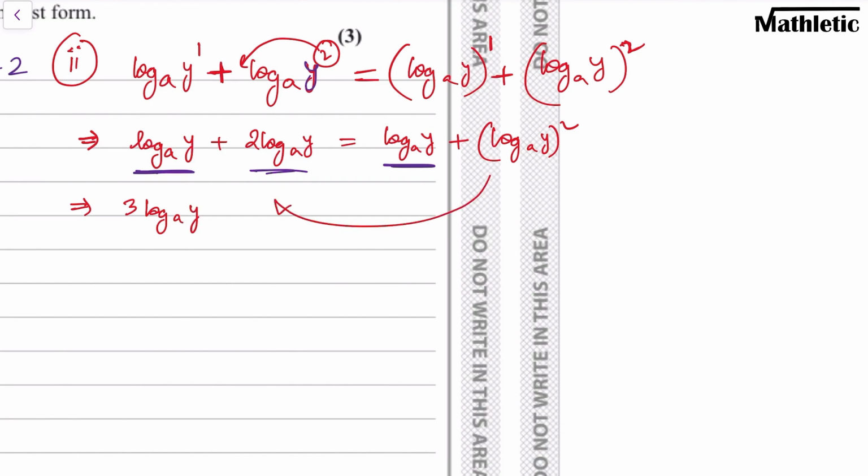And then if we shift this at the left side, minus (log_a y) whole square. So 3 minus 1 gives us 2. You could even simplify this in this line, 2 log_a y.